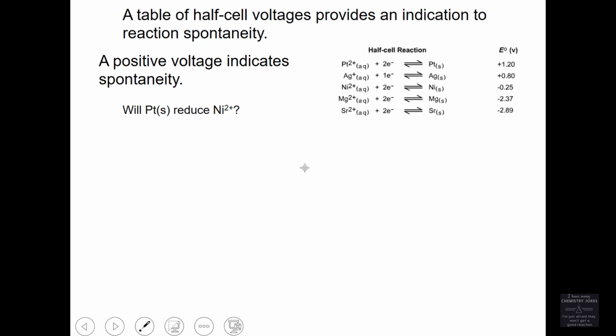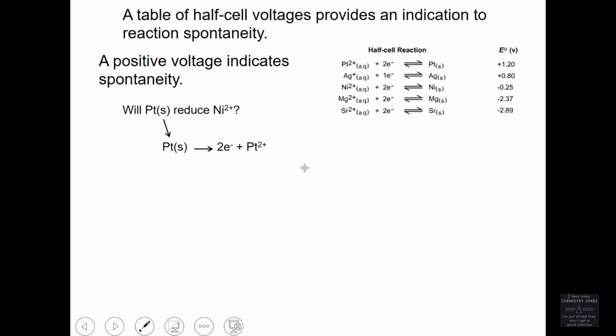Well, let's use that reduction potential table to answer the question, will platinum solid reduce nickel 2+? So if platinum solid is going to reduce nickel, that means platinum itself will be oxidized. So here is an oxidation half reaction for platinum, where platinum solid is going to lose 2 electrons to become platinum 2 plus.